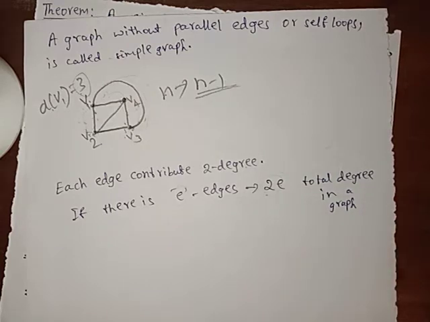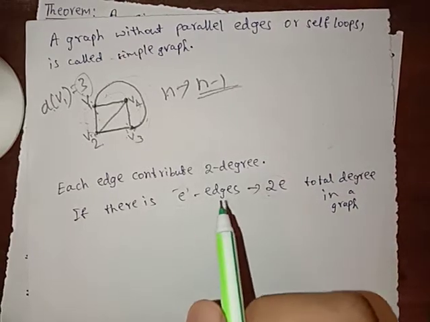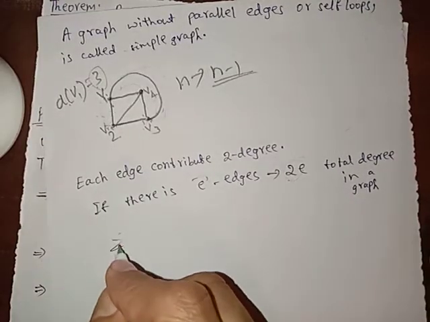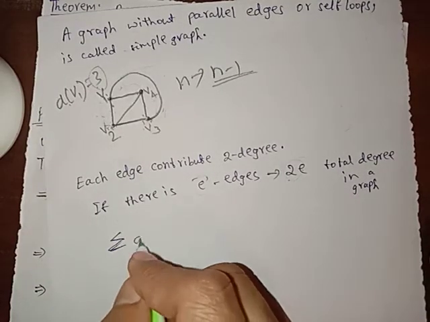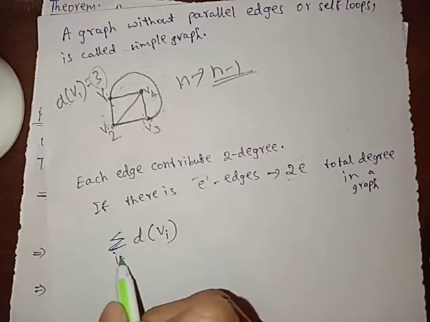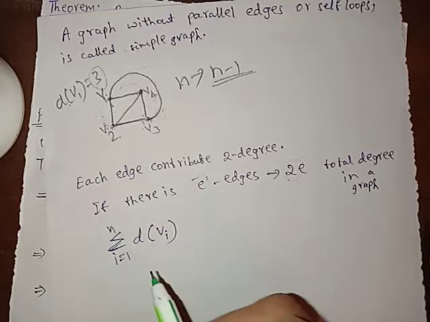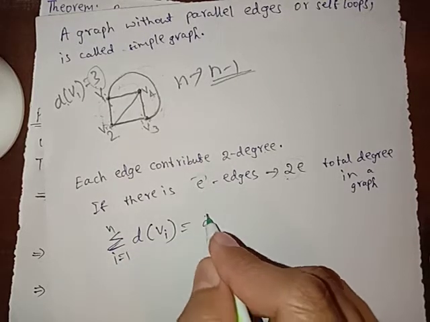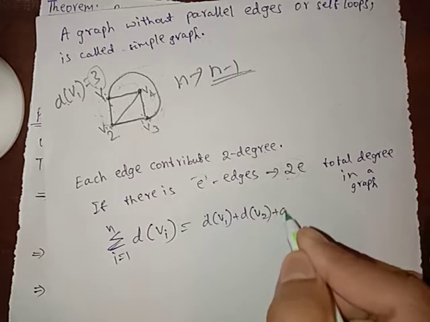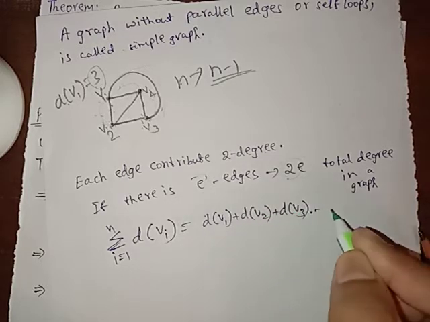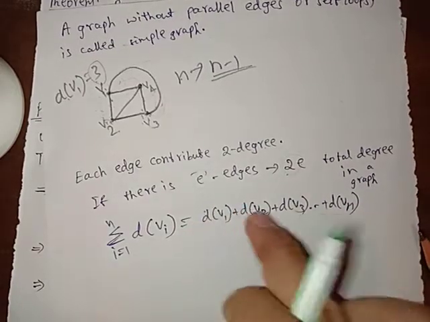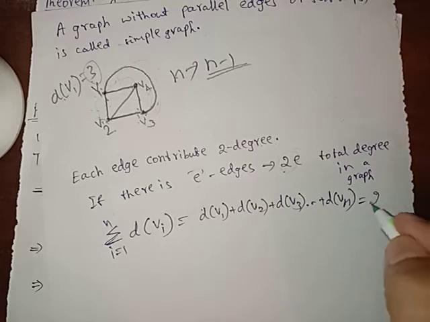Now, the sum of the degrees of each vertex, i equal to 1 to n, that means degree of V1 plus degree of V2 plus degree of V3 up to degree of Vn, that is the sum of all degrees, which is equal to 2 times e.